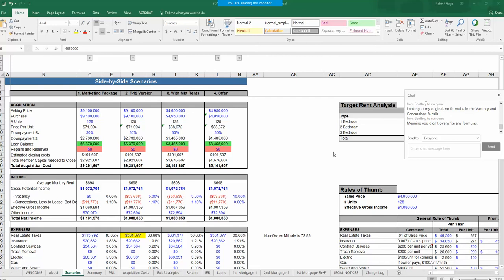Meaning don't overwrite any formulas, and that's right. And yes, if you do overwrite them, make some kind of note that you have done that. What I think Michael does is he makes his cell a different color, so he understands that he changed this formula to make sense. That is a very good idea.